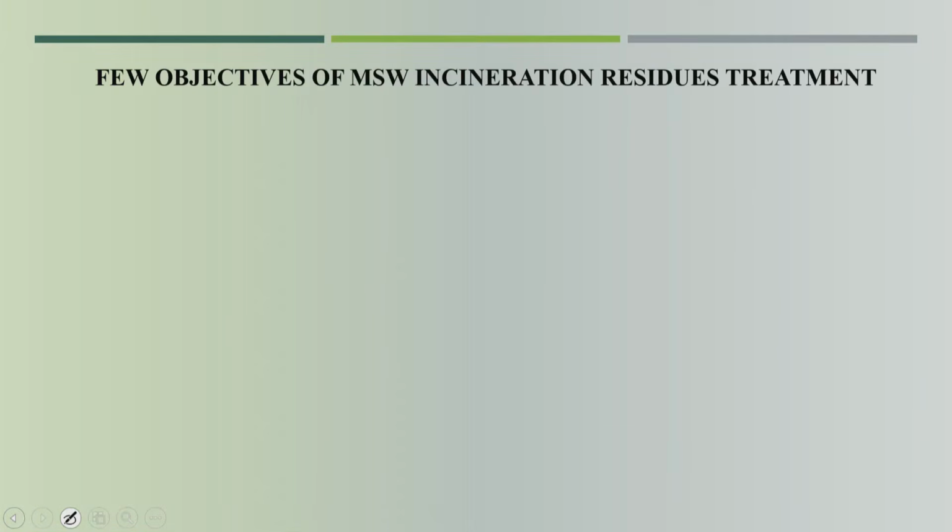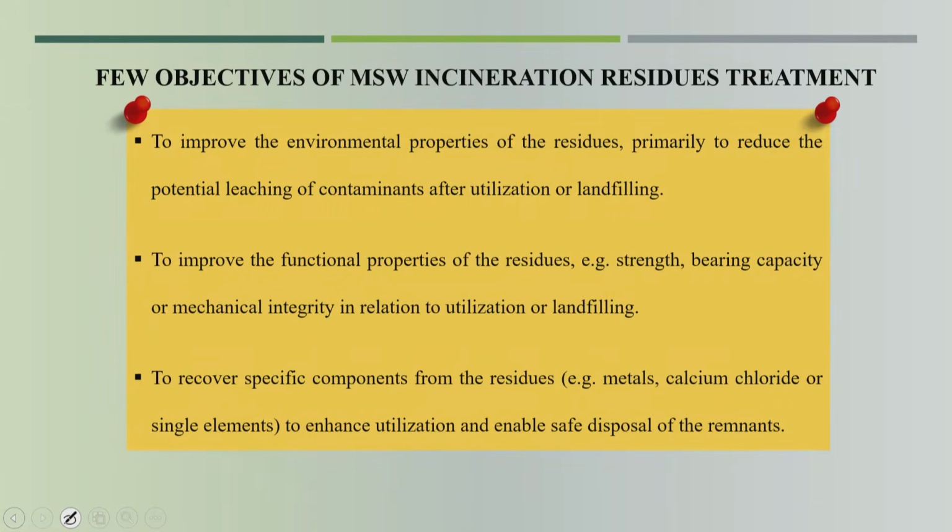Now, we will see a few objectives of the MSW incineration residues treatment. This text I took from our solid waste manual of 2016. What should be the objective before treatment of incineration solid residues? To improve the environmental properties of the residue, primarily to reduce the potential leaching of contaminants after utilization or landfilling.